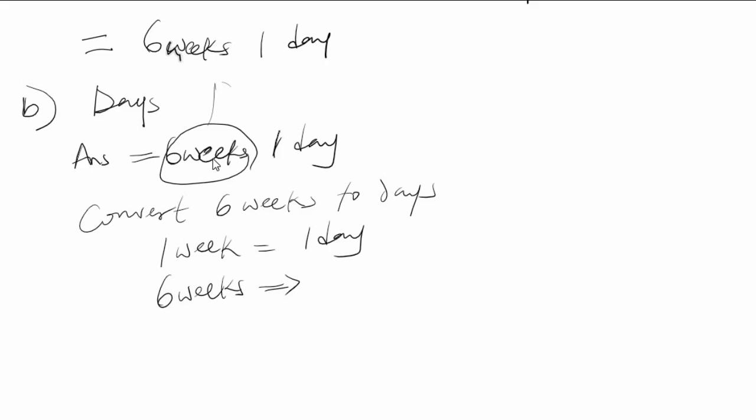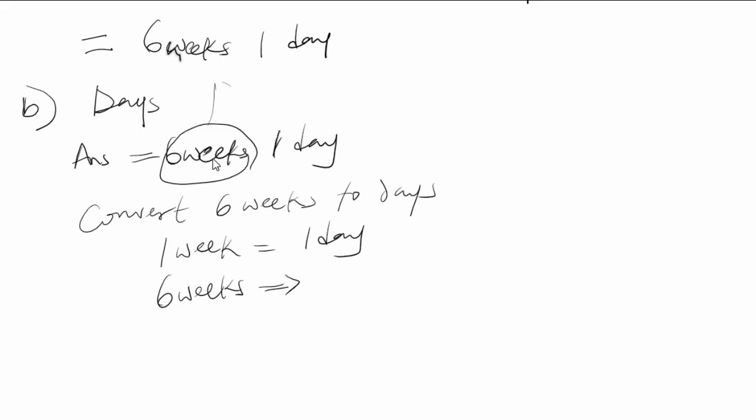In this case, the known is the weeks, 6 weeks. The unknown is days. We want to find how many days are in 6 weeks. The known should be at the left, and the unknown should be at the right. Also, values with the same unit should be in the same column.